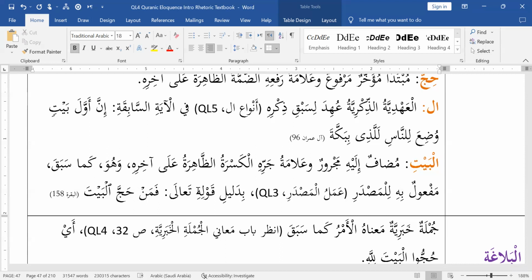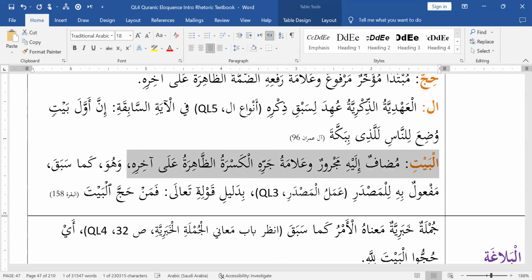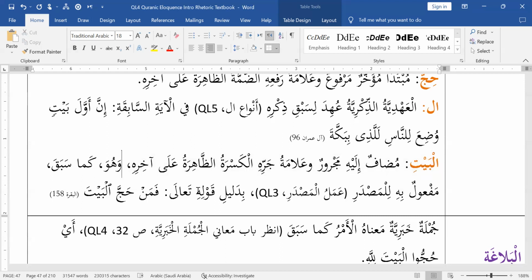So the word al-bayti has two dimensions here. The lafzuhu is majroor. On the face of it, the face value is that it's mudaf ilayh majroor. And that's what we teach to beginner grammar students. But then advanced students know that it's also maf'ul bihi of the masdar amil preceding it.